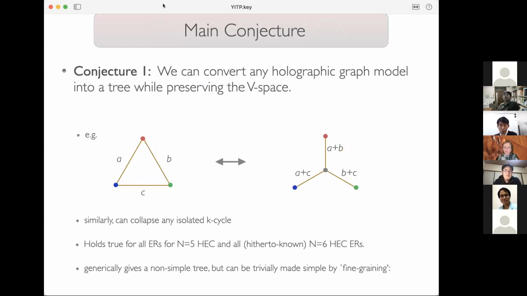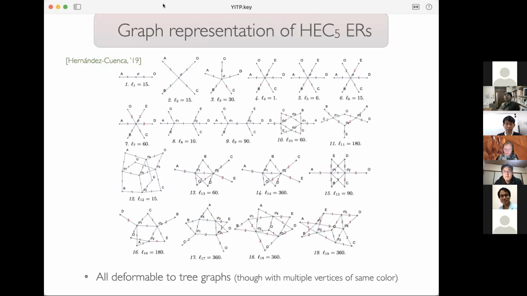I'm just telling you that simple tree graphs have V-space being PMI. Now I'm saying that I can actually convert graphs corresponding to extreme rays of the holographic entropy cone into tree graphs. So here there are some that have cycles, but you can undo the cycles while preserving the entropy vector.